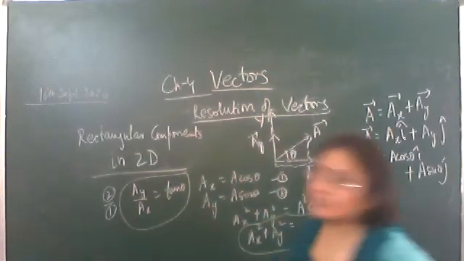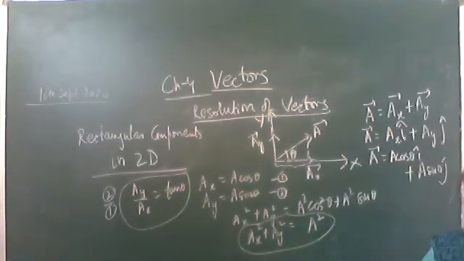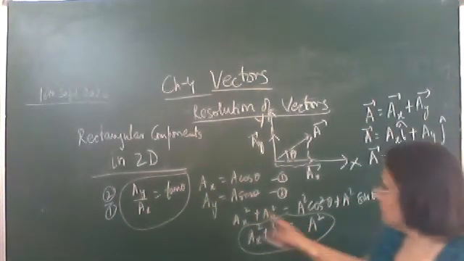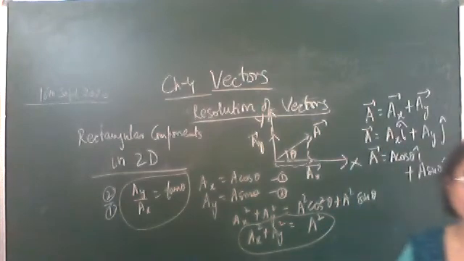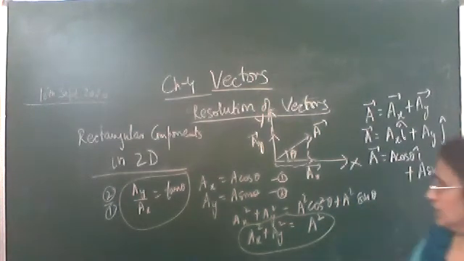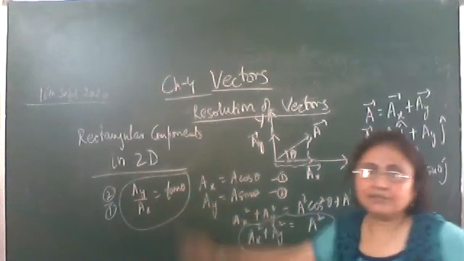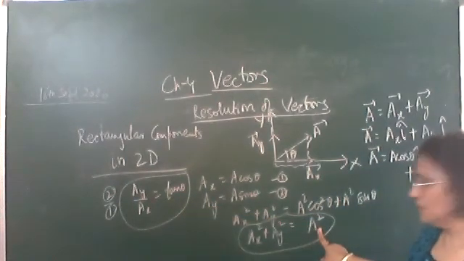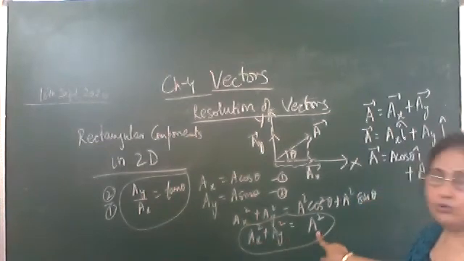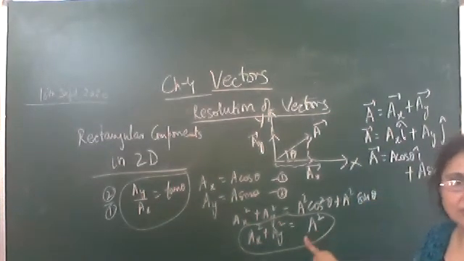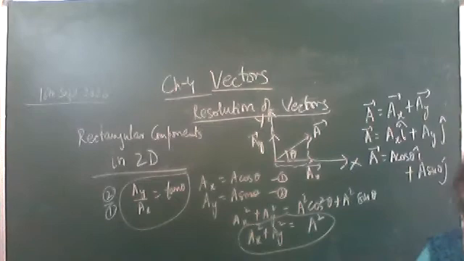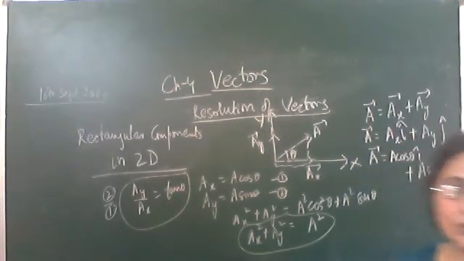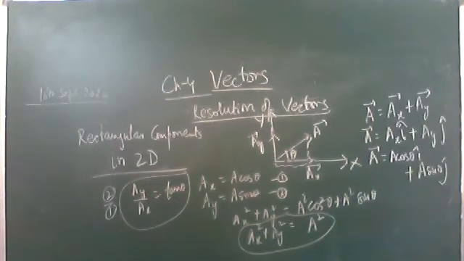So tan theta is equal to Ay upon Ax. In the numerical, use whichever is required. If Ay and Ax are given and you have to find theta, tan theta is equal to Ay upon Ax. If two quantities are given and you have to find the third, you can use A square is equal to Ax square plus Ay square. Is that clear?